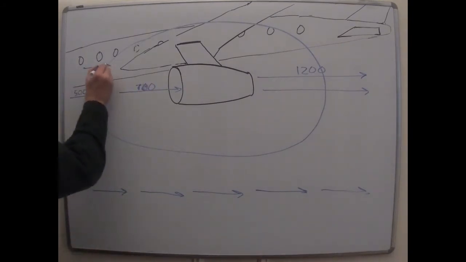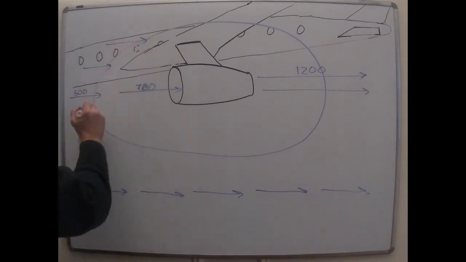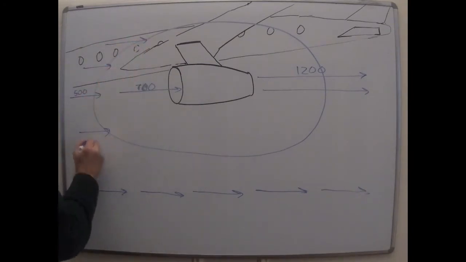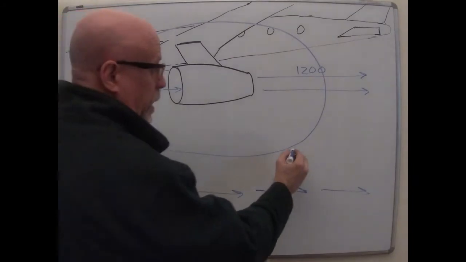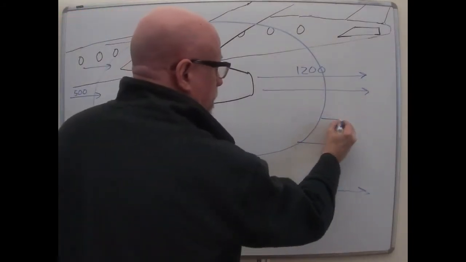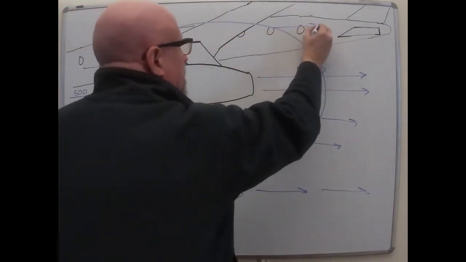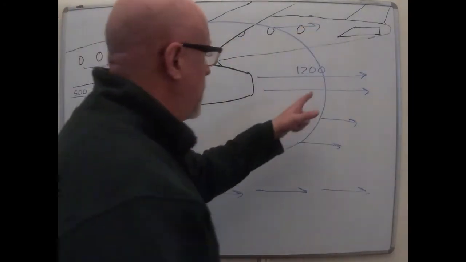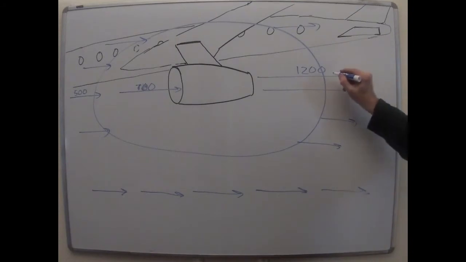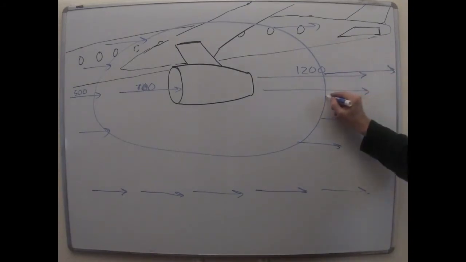There are all these 500 mile per hour arrows coming in here, and there are actually quite a lot of 500 mile per hour arrows leaving it here. 500's in, 500's out, not a big difference. But in here, there are arrows leaving that are much longer.